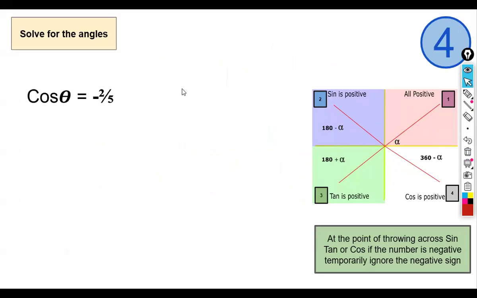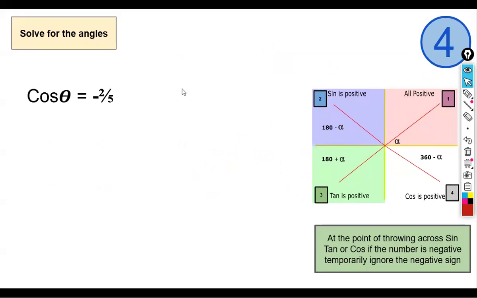All right, so you all try this one now. It's another negative one. It's a cosine question. Good luck. Let's see if you can get both answers without my help. We only have one thing to throw across in this question.